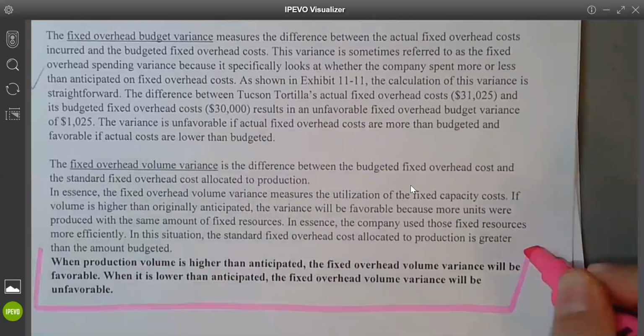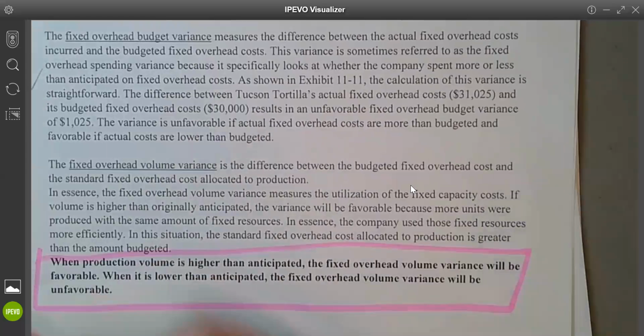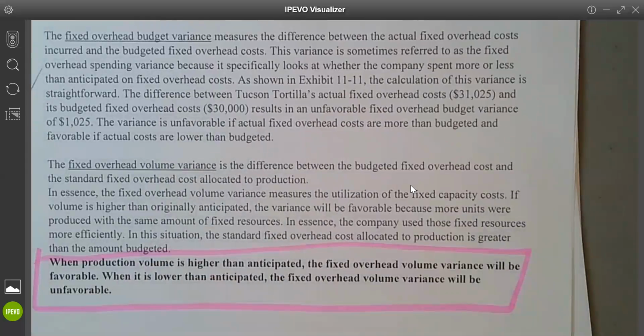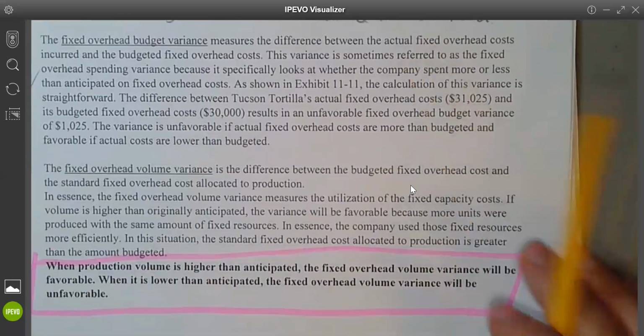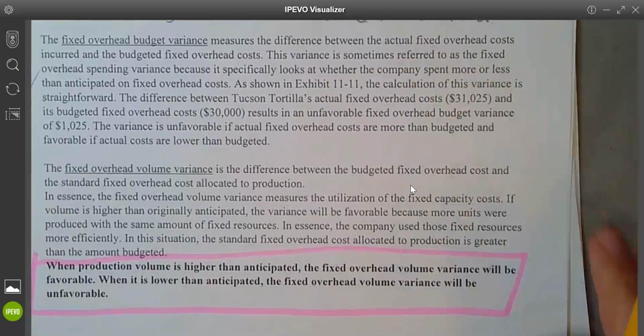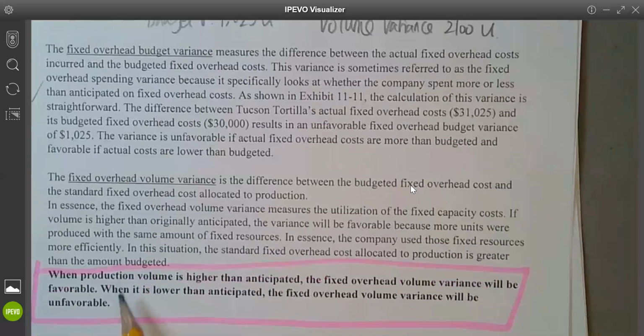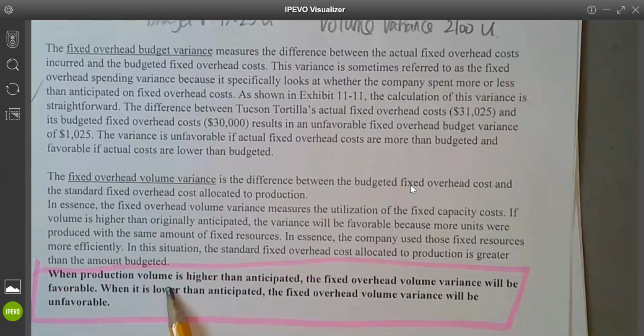I kind of used the board words. So why do we call it a volume variance and why is it unfavorable? General idea is when production volume is higher than the anticipated, the fixed overhead volume variance will be favorable.